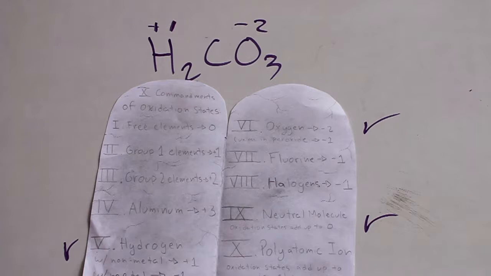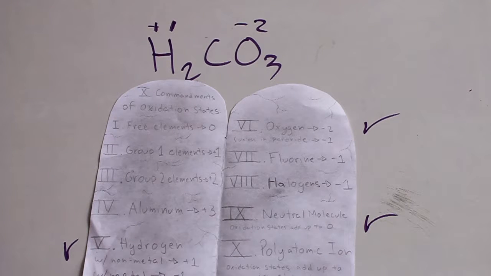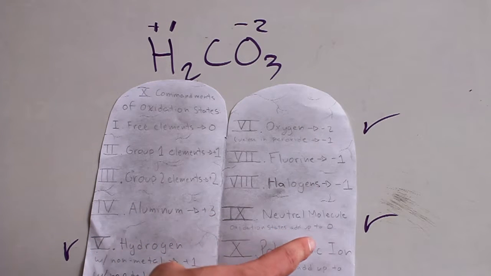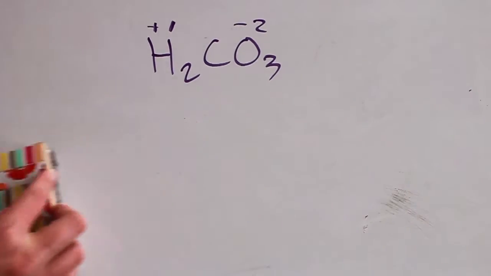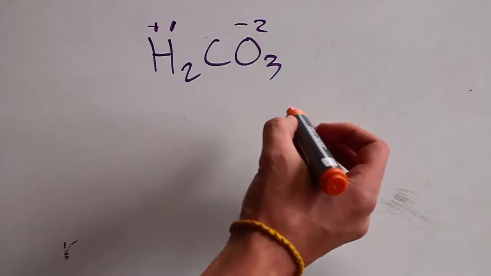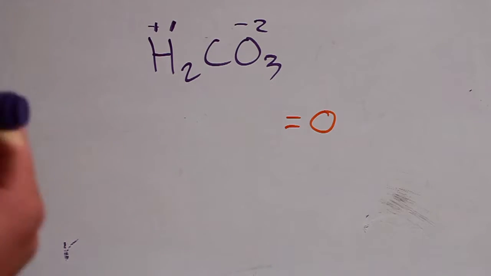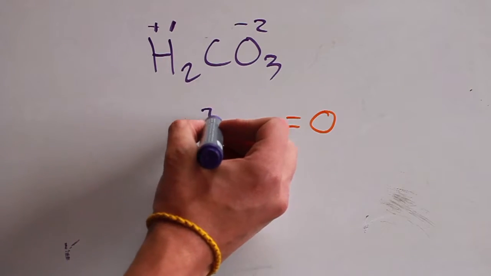That leaves us with the oxidation state of carbon. To find the oxidation state of carbon, we have to look at rule number 9, which tells us that for a neutral molecule, the oxidation states add up to 0. This means that once we add up all the oxidation states, we should get a 0. Because no rule applies directly to carbon atoms, we can assign an X to it.